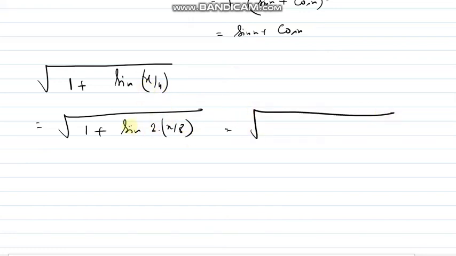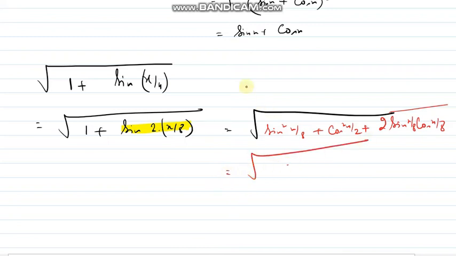So this sin 2 theta, I can write it as 2 sin x divided by 8 cos x divided by 8, and similarly sin square x divided by 8 plus cos square x divided by 8. I'm going to create that here. So the formula will be root over of cos x by 8 plus sin x by 8 whole square. Similarly I can write it like this, correct?